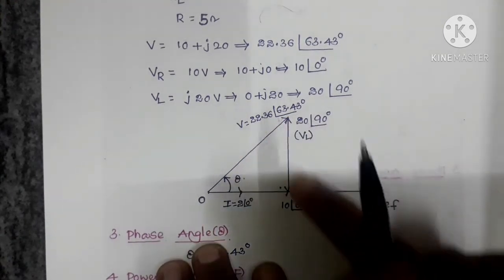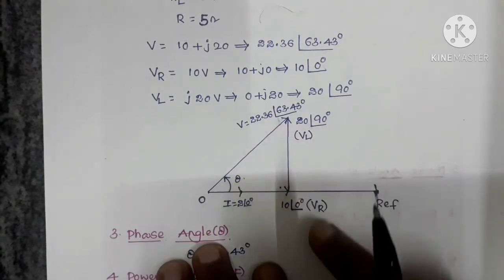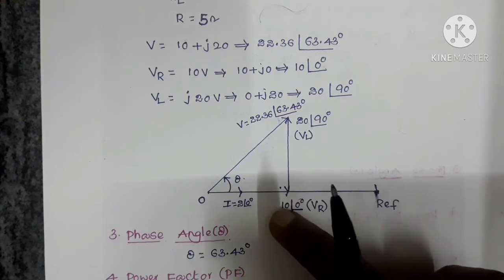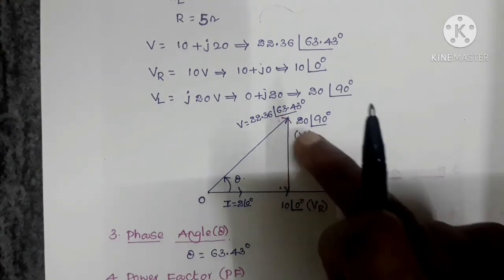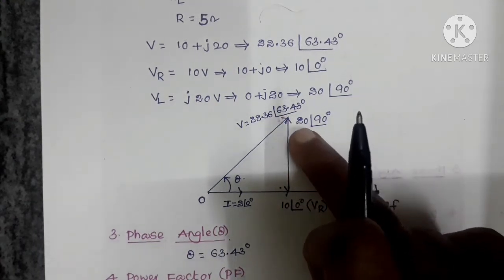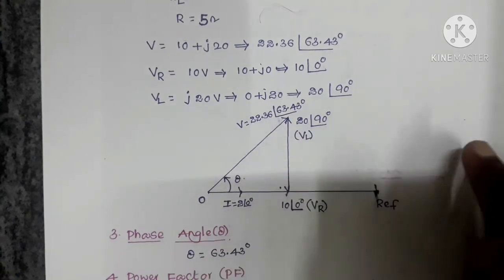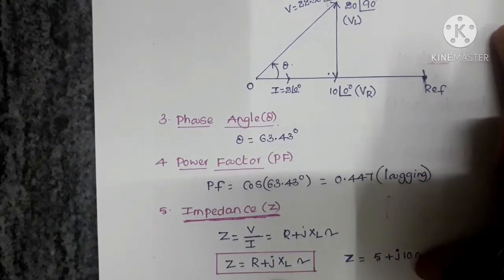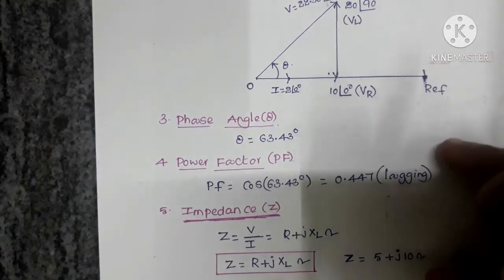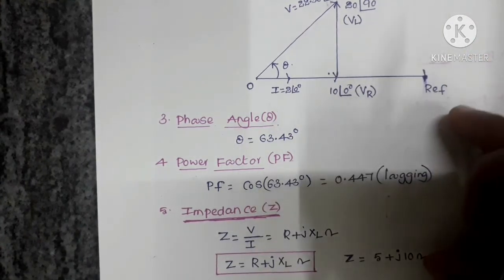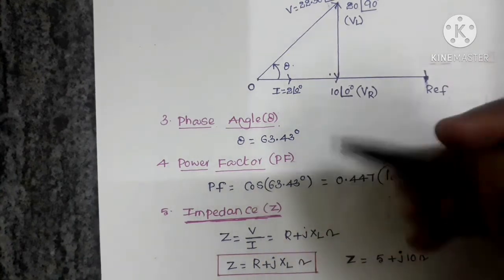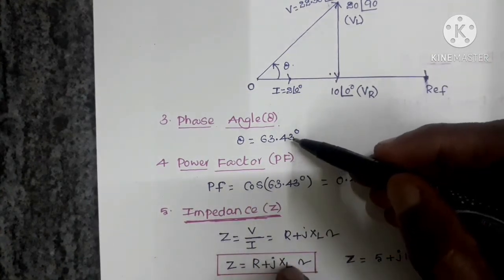The magnitude of the resultant voltage is 22.36 volts, the magnitude of the voltage across the resistor is 10 volts, and the magnitude of the voltage across the inductor is 20 volts. The phase angle, the angle between the supply voltage and the current coming from the supply, is 63.43 degrees.